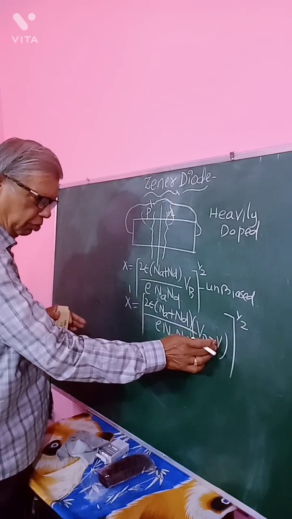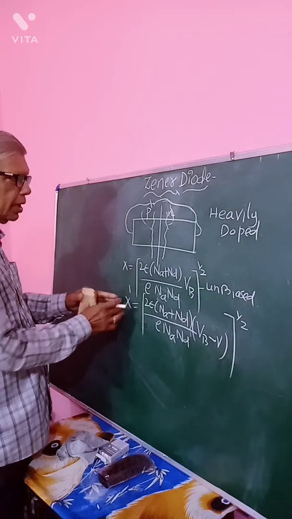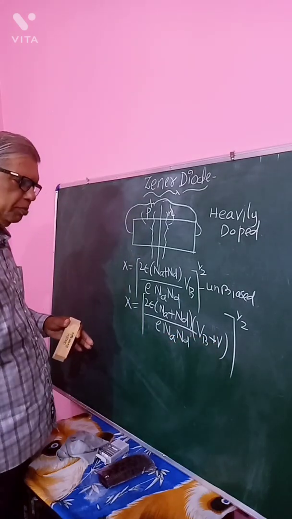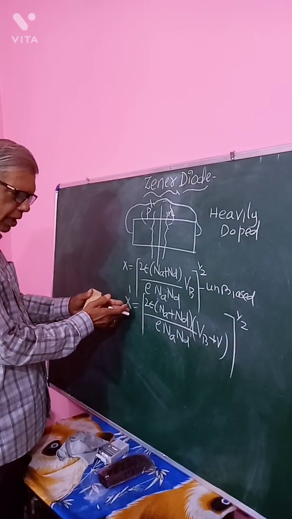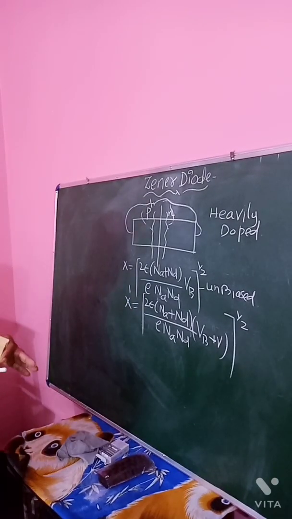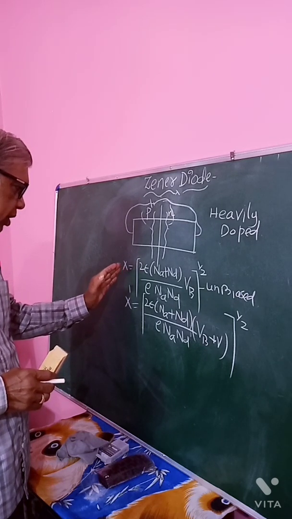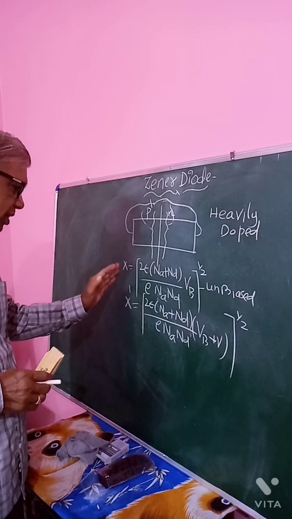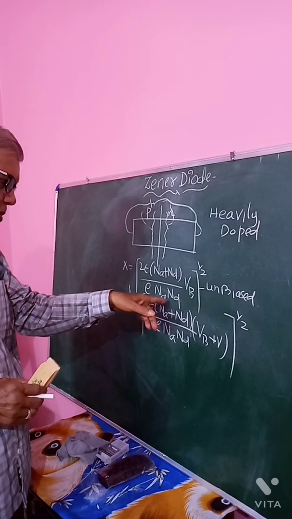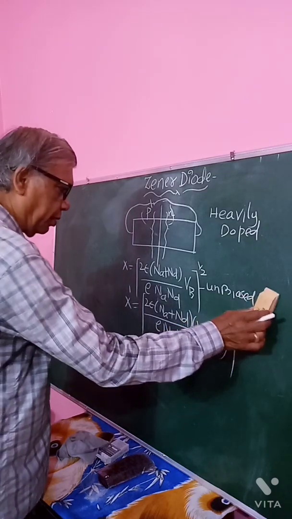Because of the forward biasing, the width of the depletion layer becomes less. If we reverse bias, then V becomes plus V, and the width of the depletion layer slightly increases. So whatever it is, the thickness of the depletion layer is very small in case of Zener diode due to heavy doping of the P and N sections.